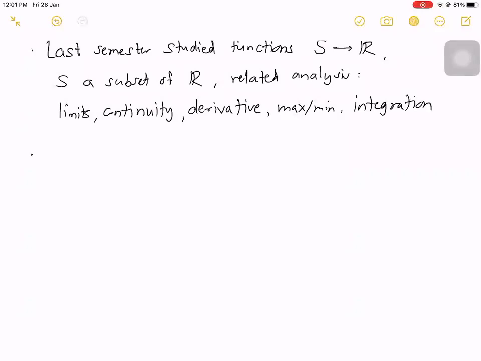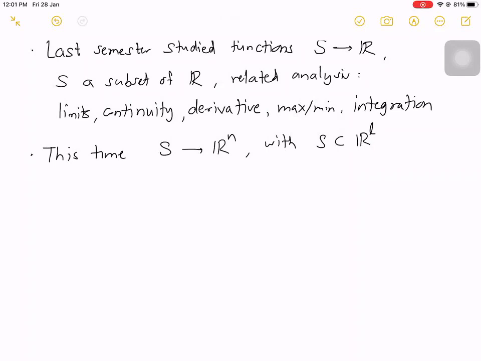Okay, so this time we want to study functions from S to R^n, with S also a subset of some R^l, let's say. So we are going to be doing calculus of several variables, and we will do everything in the list above except for integration, which we will do in a later course.